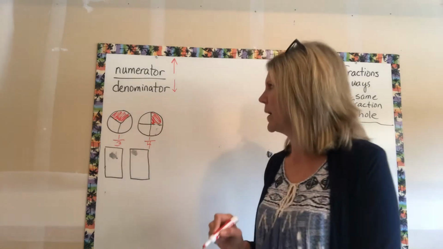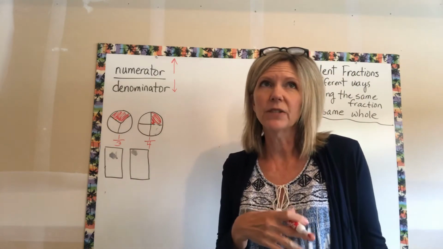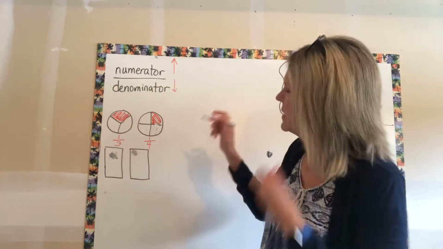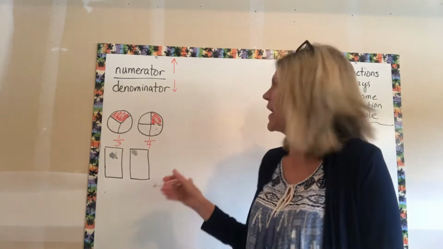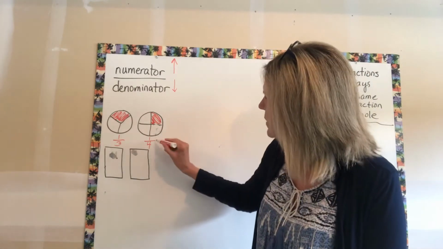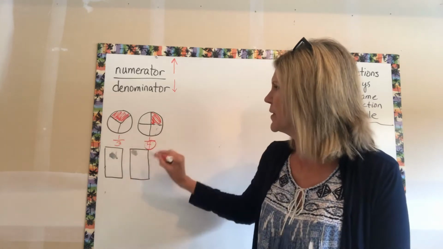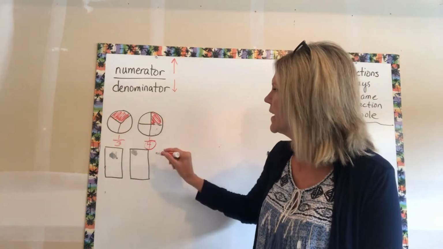And just yesterday, Monday and Tuesday, we talked about the sizes, right? We compared sizes of fractions. So we noticed that when we have a bigger denominator, so 4 is bigger than 3, right? This is cut into 4 pieces, this is cut into 3.